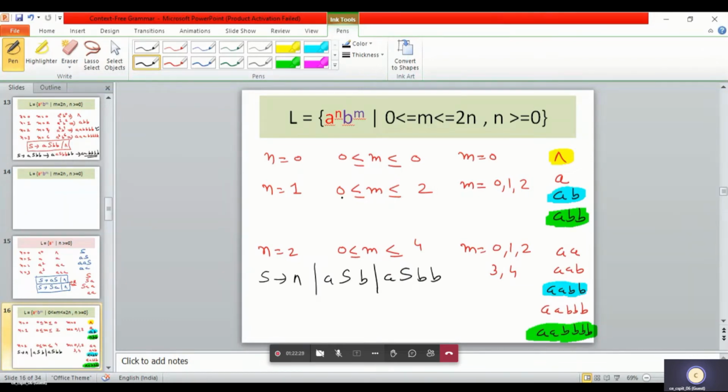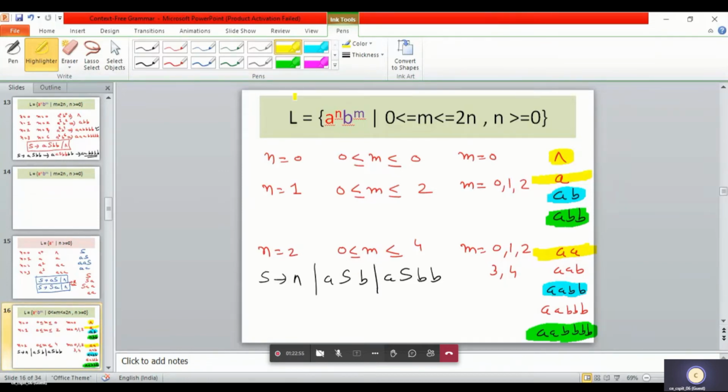Now, one more thing: if you observe this pattern, you will find that we are generating only A. So when n is equal to 1, only A is generated. When n is equal to 2, we are generating 2 times A. That is important.